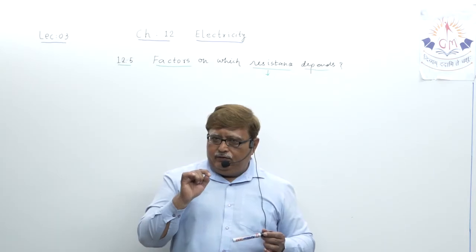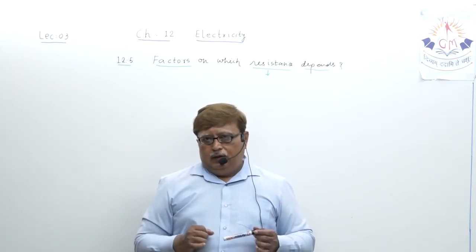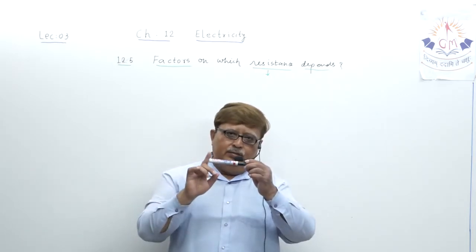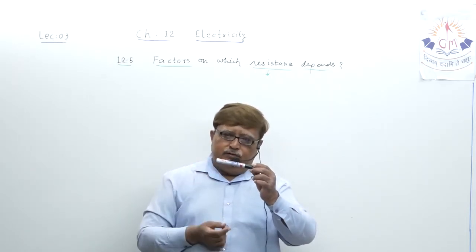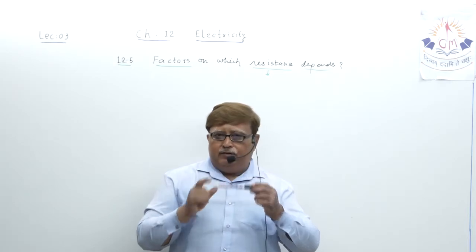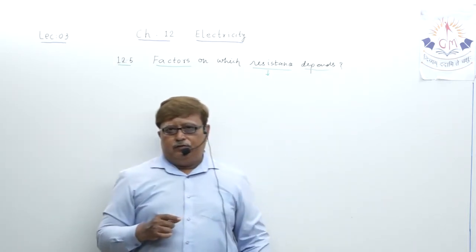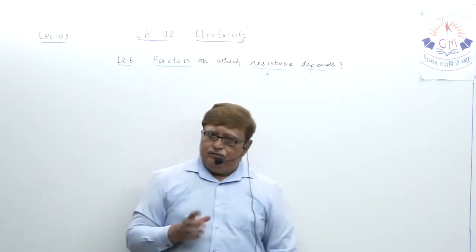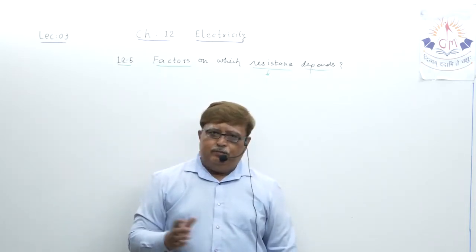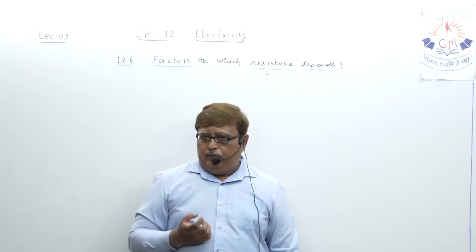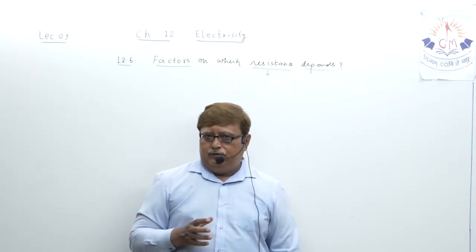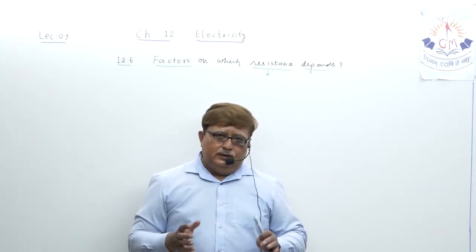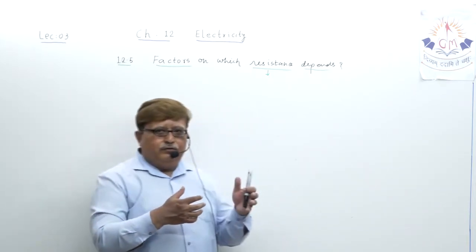That restriction on the motion of electron by any material of which the conductor is made is called resistance. What is that called? Resistance. You understood this? This is the simplest explanation of resistance. Resistance means that opposing force.